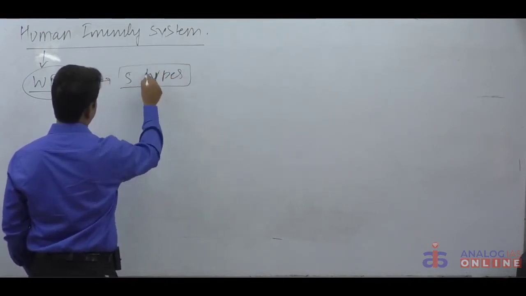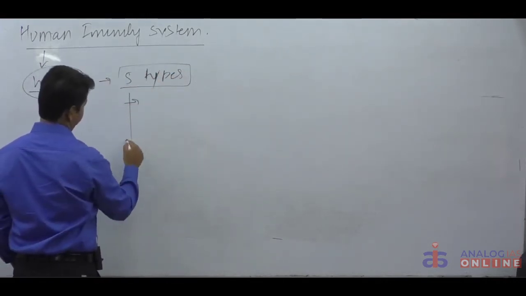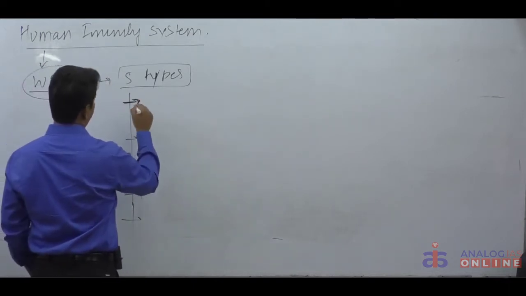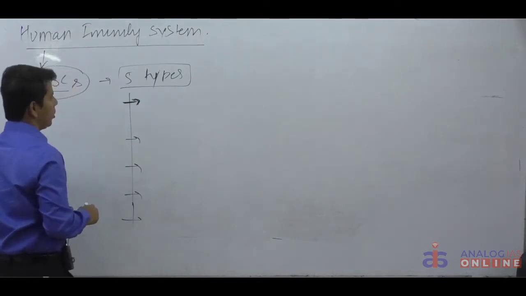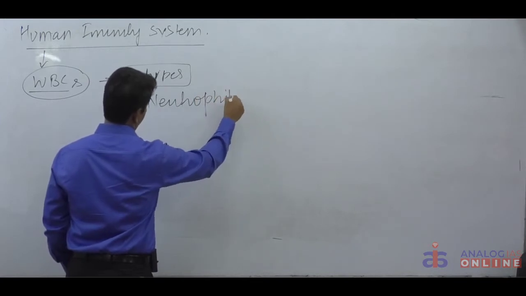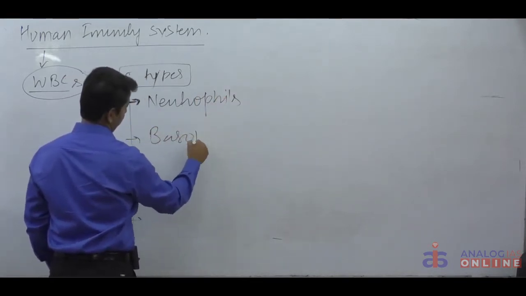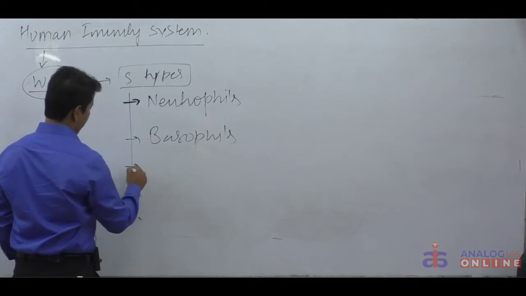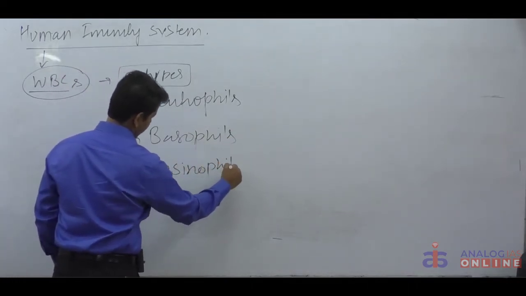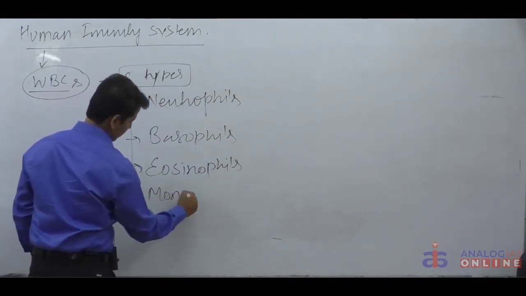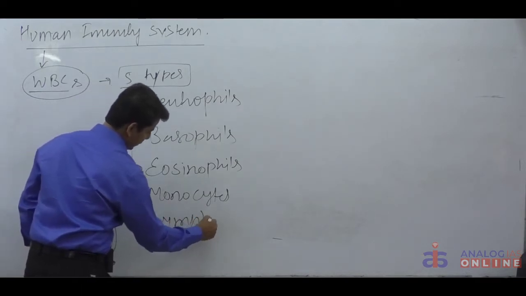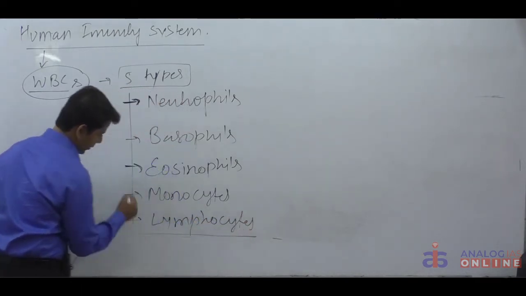This is basic biology. So neutrophils, basophils, then there is called eosinophils, monocytes, and lymphocytes, right?